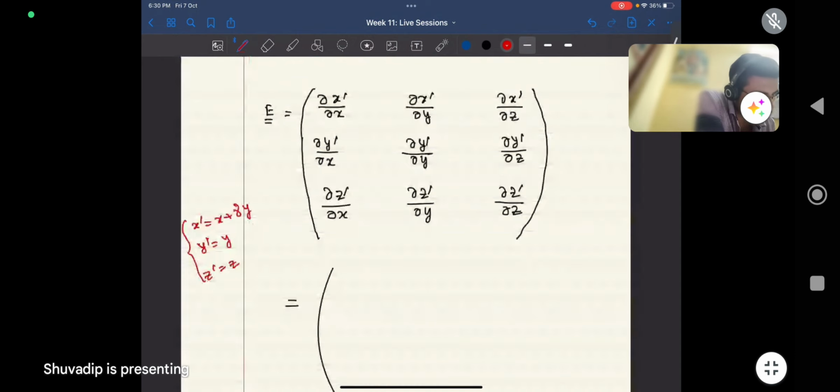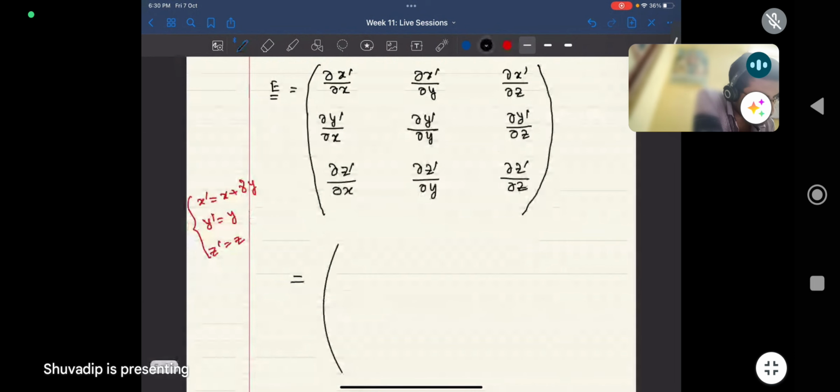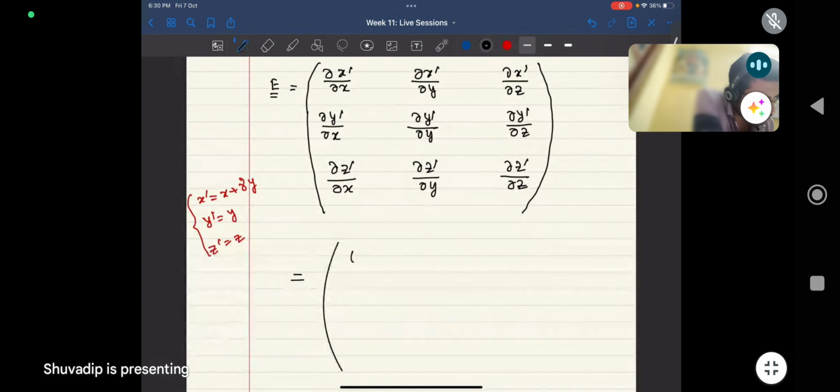So del x prime del x is 1, del x prime del y is gamma, del x prime del z is 0, del y prime del x is 0, this is 1, this is 0, this 0, 0, 1. So this is the deformation gradient tensor.